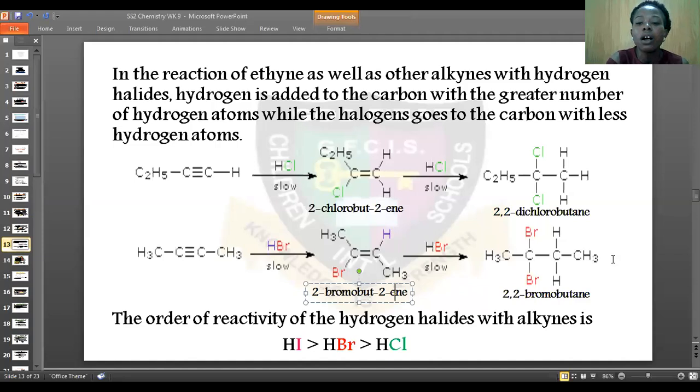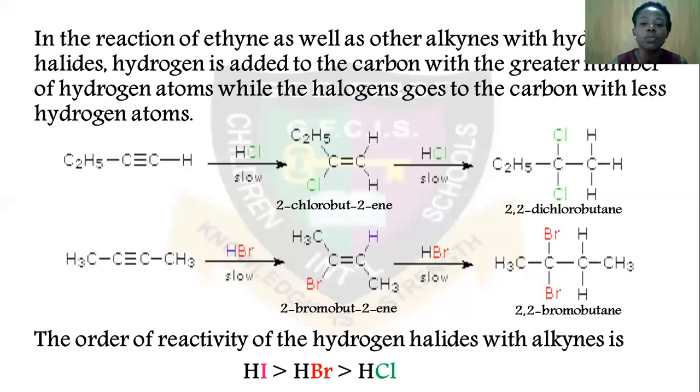Good. So the bromine will be attached to the carbon with less hydrogen, the one without hydrogen. Then in the second stage, the bromine will still be attached to the carbon without hydrogen. So this is the rule that governs the reaction of alkynes with hydrogen halide.